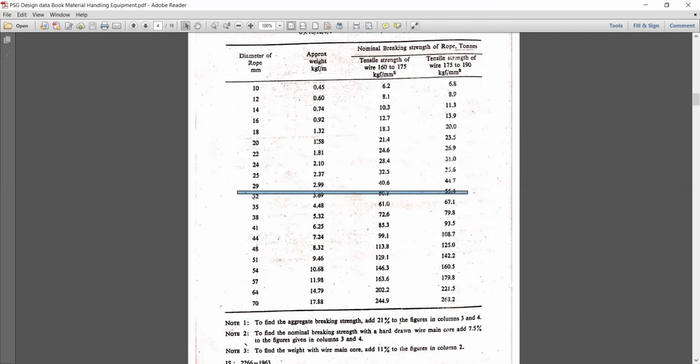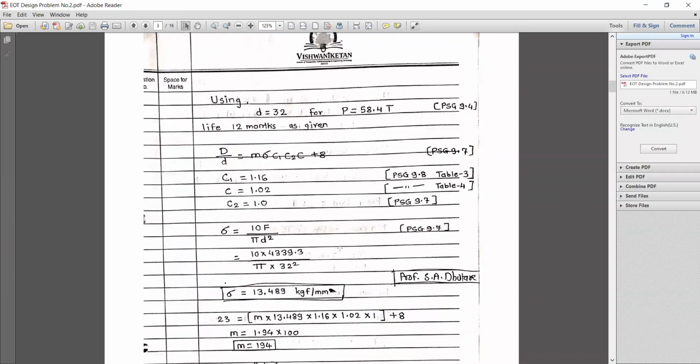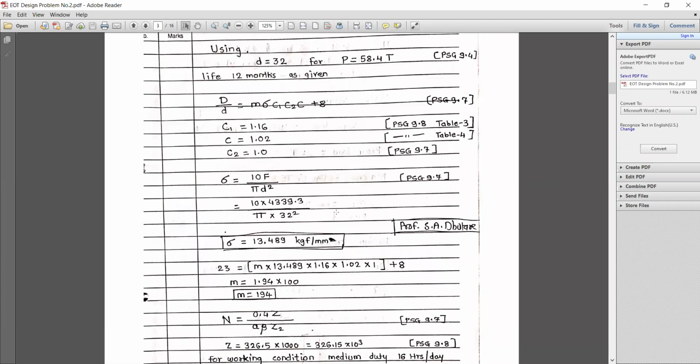Now we have to check whether this design survives the minimum life that we have decided, that is 12 months, or not. Let's see. Referring to page number 9.7, we have a formula, D by d is equal to m rho c1 c2 c plus c.